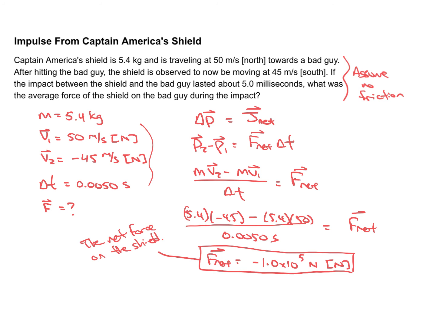It applied the same amount of force, but in the opposite direction. So therefore, the force on the bad guy is positive 1.0 times 10 to the 5 newtons north, which makes sense. The shield was going north, so when it hits the guy, it should apply a force in the north direction.